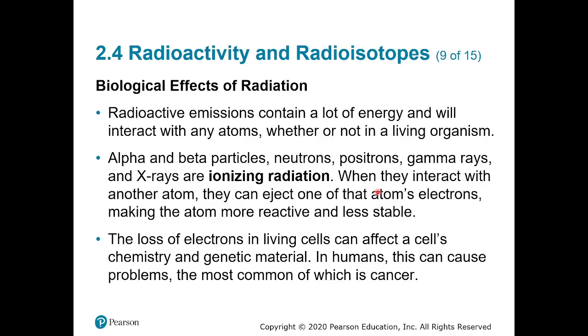So the loss of electrons in living cells can affect a cell's chemistry and genetic material. In humans, if we have a genetic change, there is a pretty decent chance it's going to cause cancer, assuming it's within a... so there's actually only a few locations on our chromosomes that if the genetic change happens, it'll cause cancer. And so we actually have this happen to us like dozens, if not hundreds of times a day.